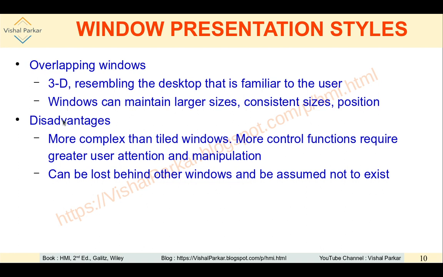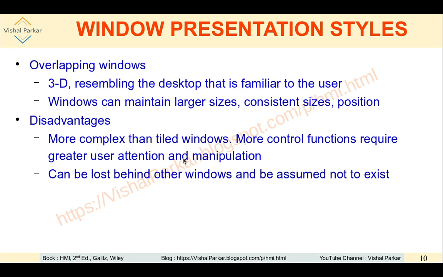A disadvantage: they are more complex than tiled windows because they are not always seen all. More control functions are required, as well as greater user attention and manipulation. For example, you need to change from one window to the other.